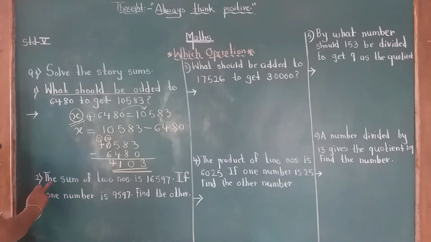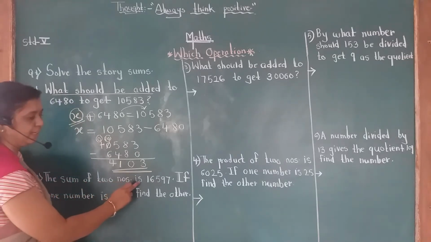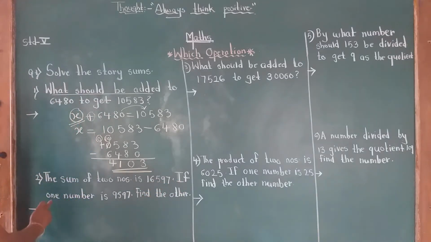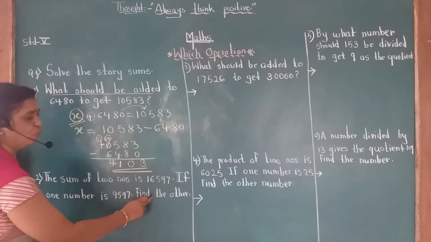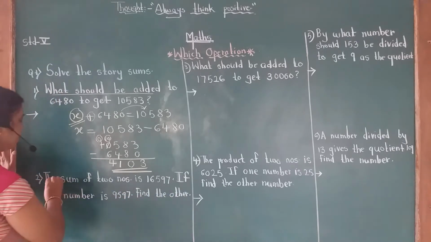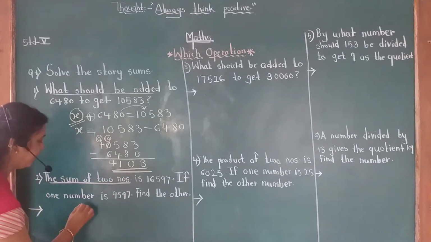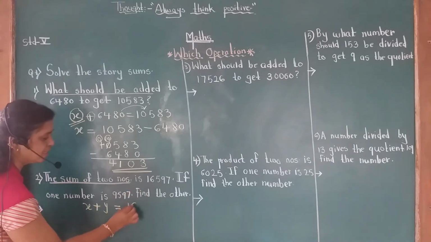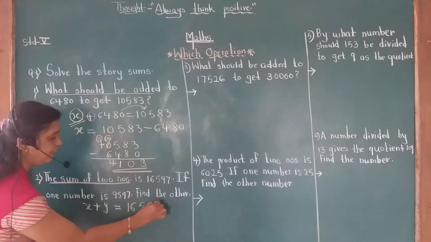See, next question. The sum of two numbers is 16,597 if one number is 9,597. Find the other. Now read the question carefully. The sum of two numbers, if we take the two numbers x plus y, is equal to the given 16,597.